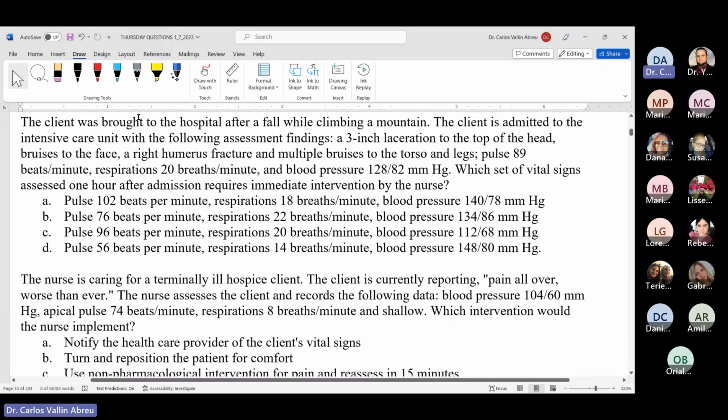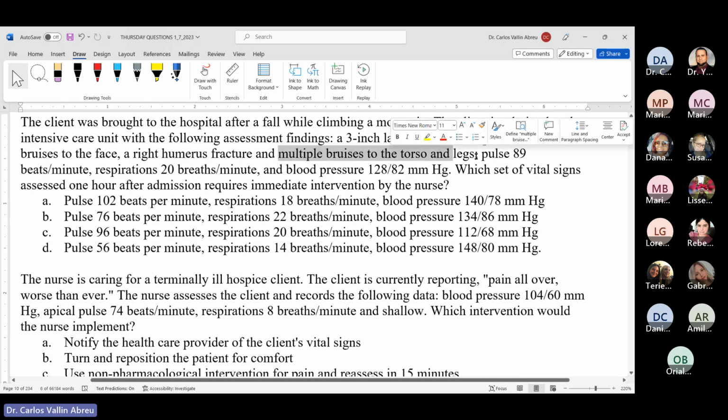The client was brought to the hospital after a fall while climbing a mountain. The client is admitted to the intensive care unit with the following assessment findings: a 3-inch laceration to the top of the head, bruises to the face, right humerus fracture, and multiple bruises on the torso and legs.